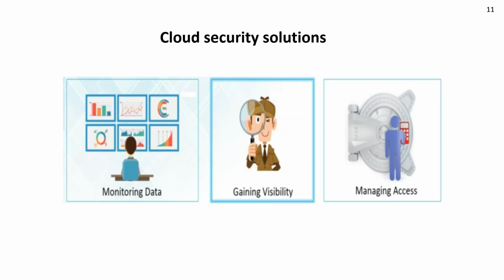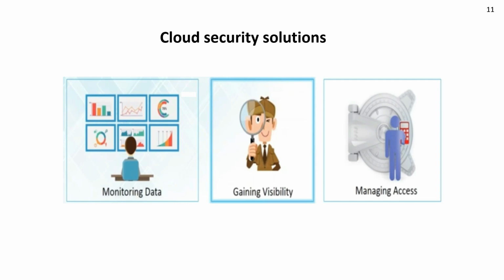Monitoring data involves tracking and analyzing the activity. It includes collecting logs, events, and other relevant information to detect potential security threats or any anomalies, if there are any. Gaining visibility means understanding the cloud environment in a better way, its resources and configuration.